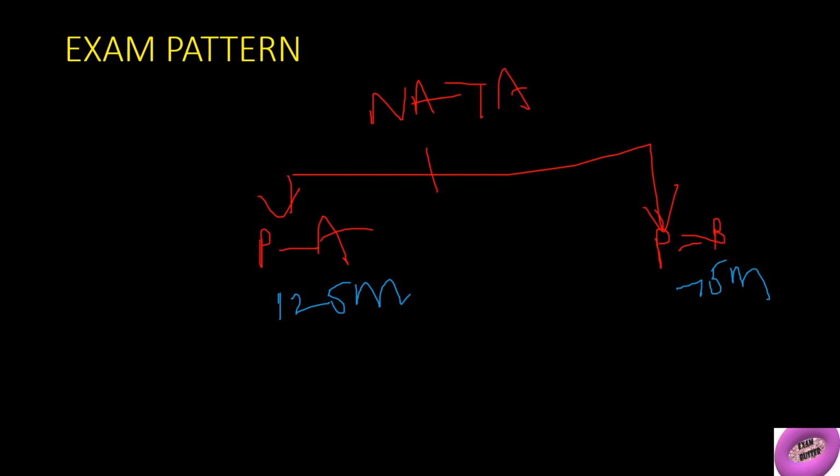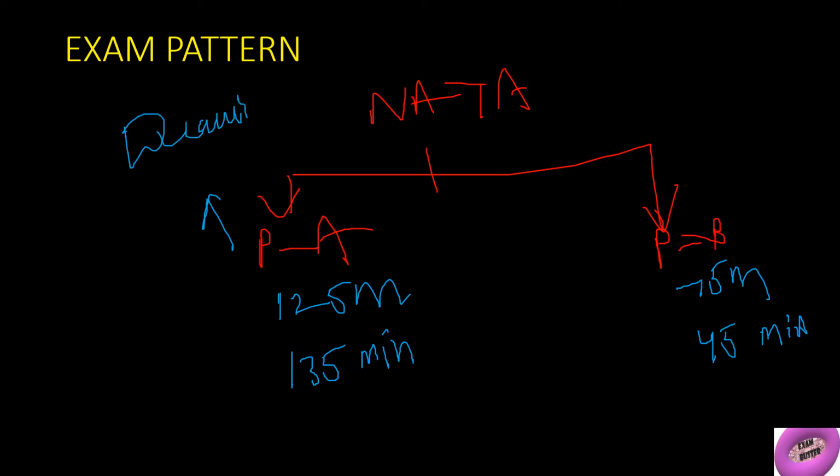The time duration for Part A is 135 minutes and for Part B is just 45 minutes. Part A is a drawing test, whereas Part B is an objective type test where we find only multiple choice questions.